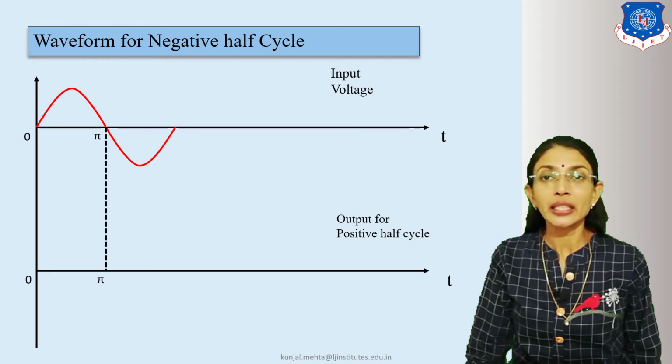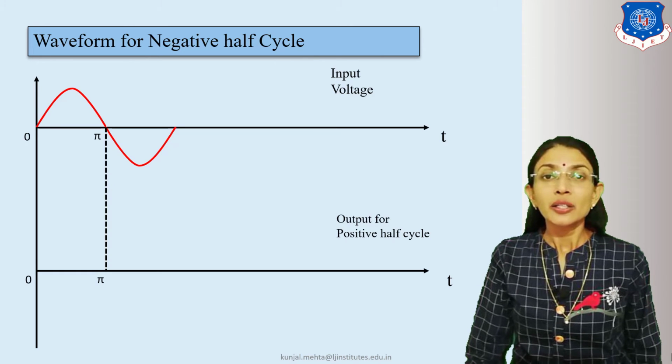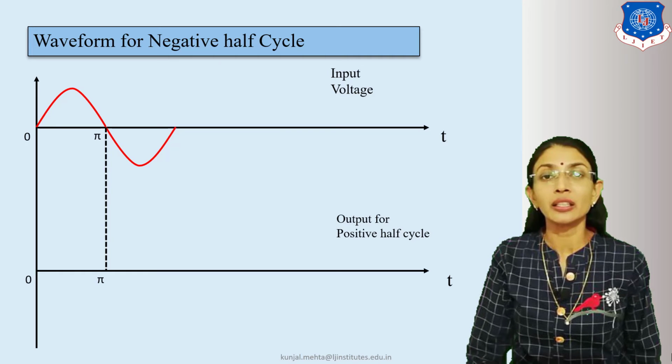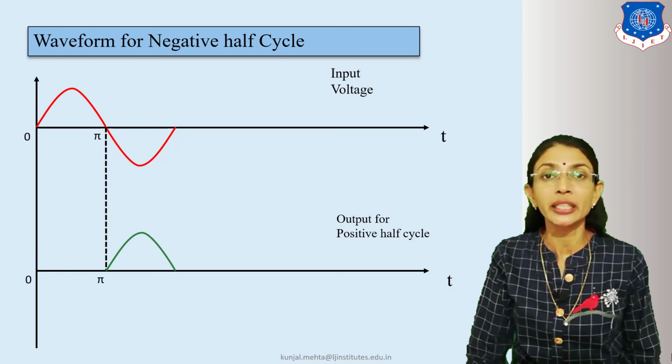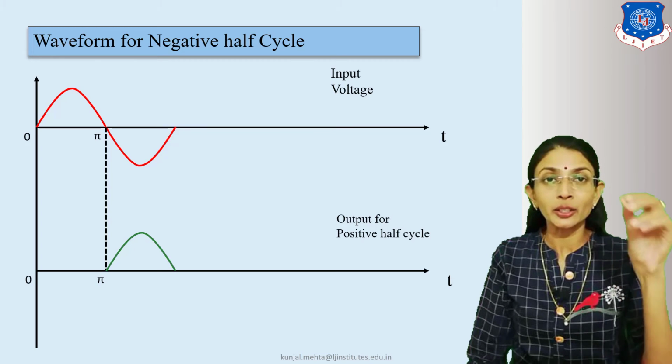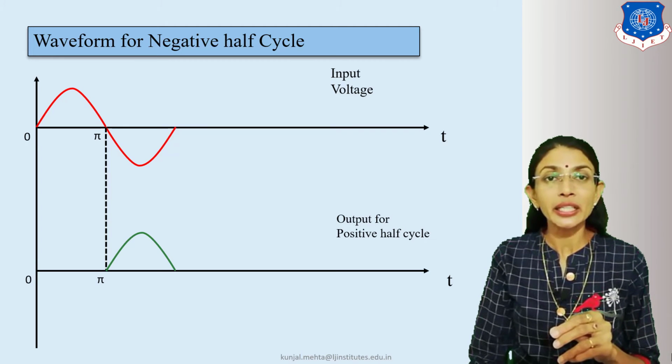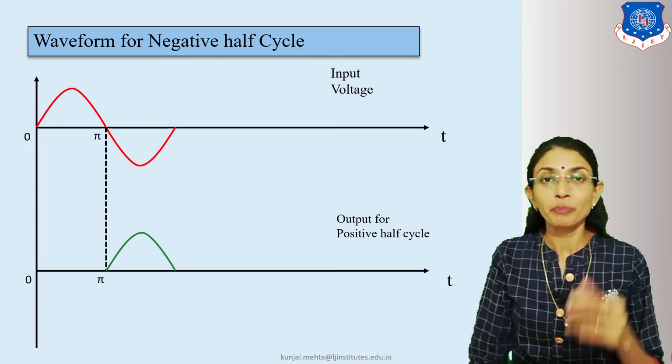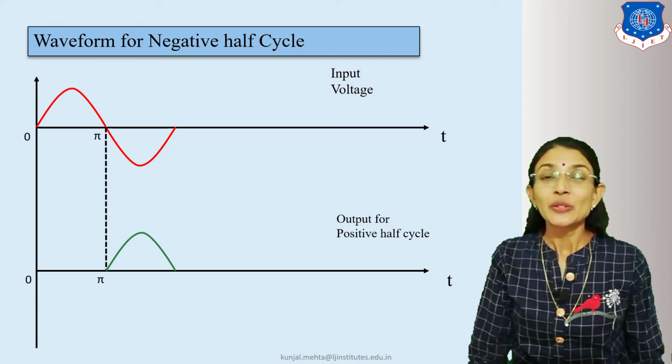If a sine wave is applied to the full wave rectifier using two diodes and center tap transformer, then during negative half cycle, D1 is reverse biased and D2 is forward biased, and therefore the output is always positive, because current will start to flow from the bottom terminal, that is P2, and it goes through RL in only one direction, from top to bottom, from plus to minus, so the output is again a positive half cycle.